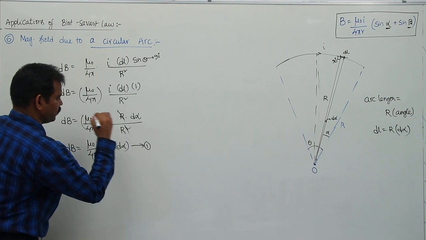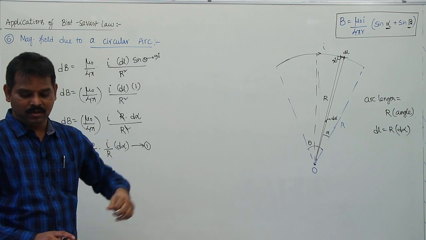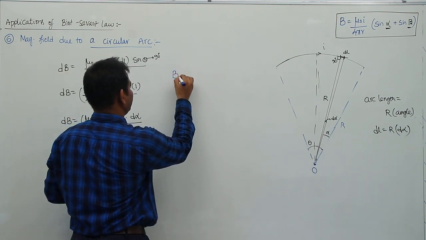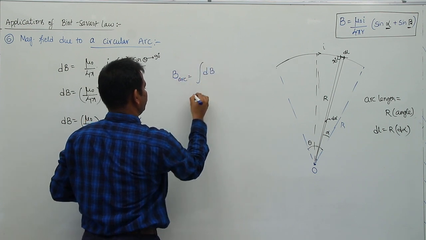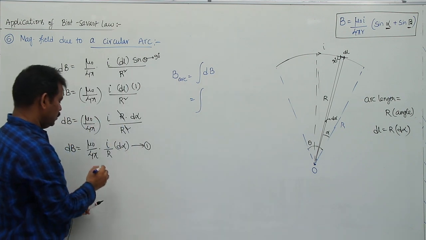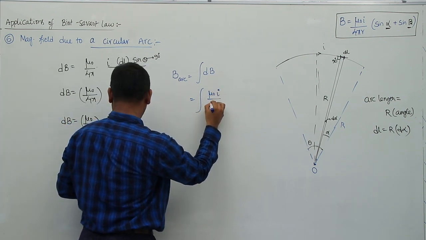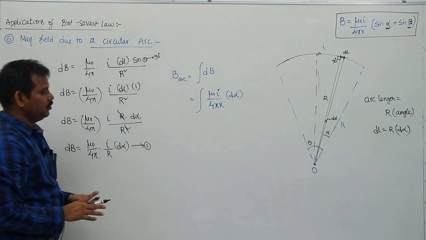This is equation 1. Now if I want to find the magnetic field due to the entire arc here, integrate this small element. The net magnetic field due to the arc is the integral of dB, which is equal to mu naught I by 4 pi r into d alpha.